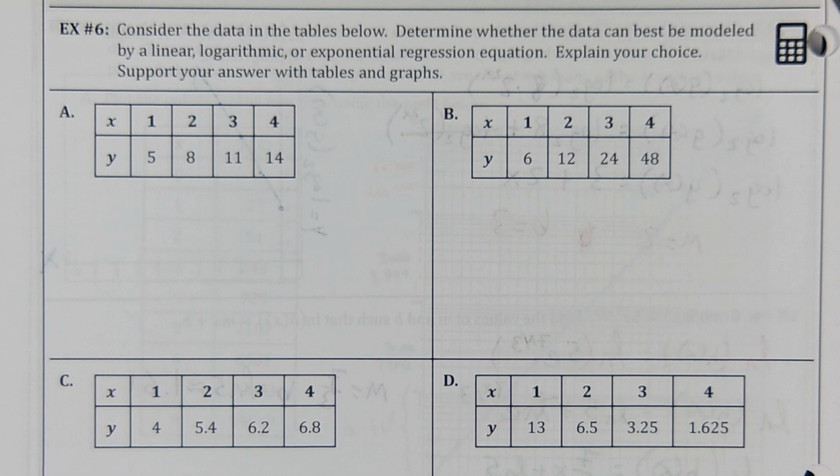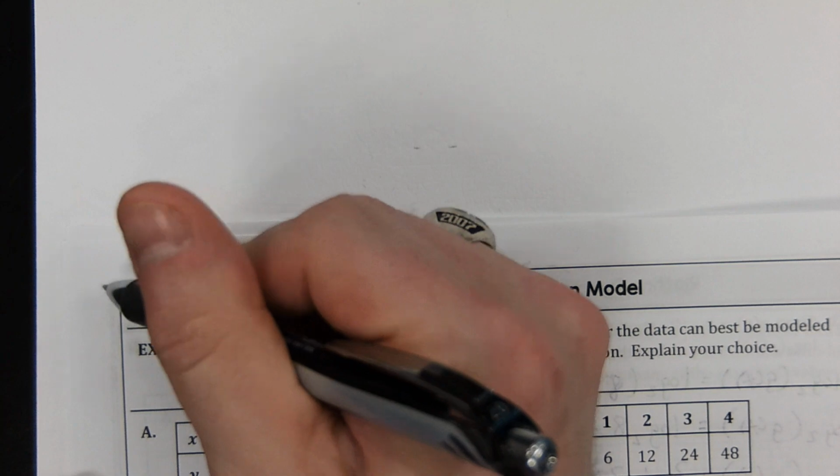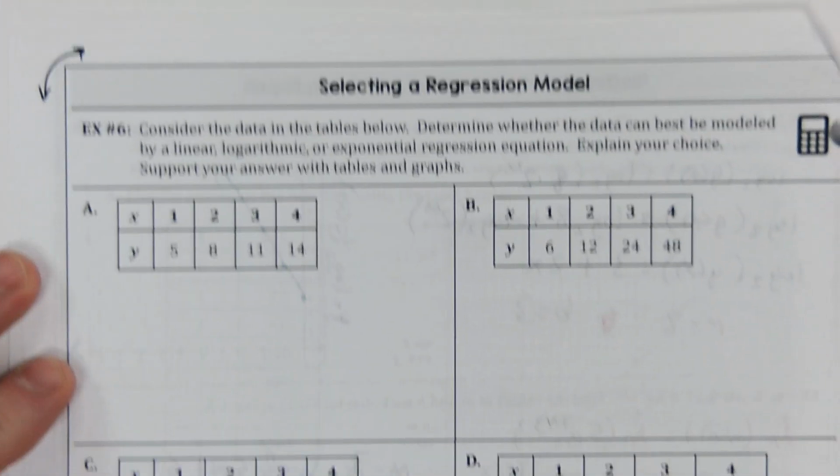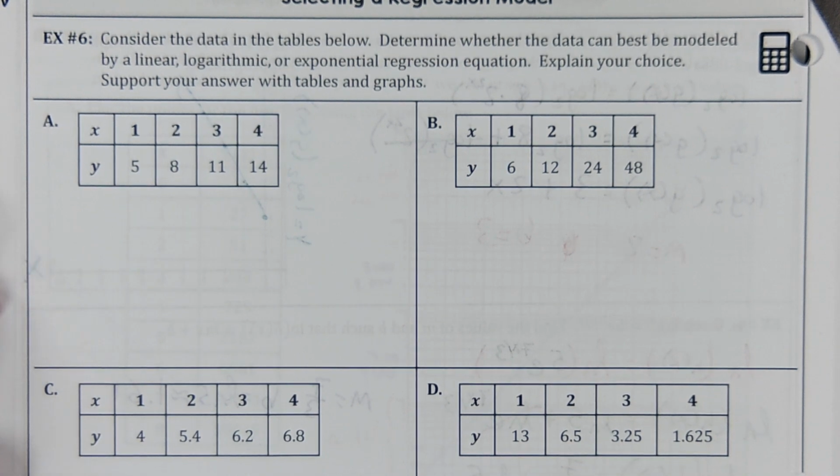And how then would we recognize logarithmic? Well, a basic answer would be it's not linear and it's not exponential, but also if it was logarithmic, it would have to be increasing but concave down, because log curves are increasing and concave down.